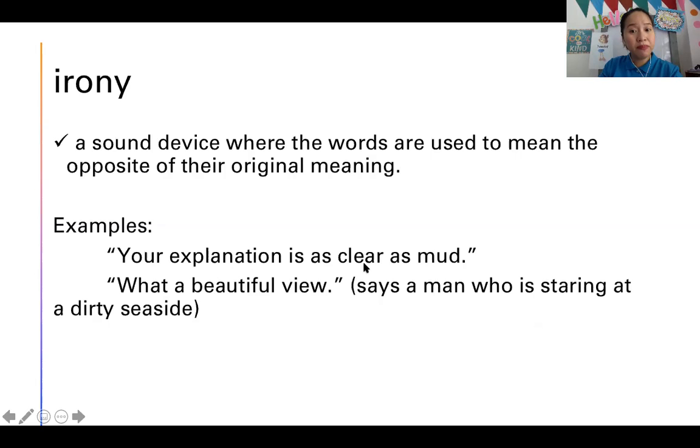Clear yung gigamit, but the idea was that the explanation was not clear. Ang mud, dili man siya clear, kita man siya. So meaning, ang explanation wala nasabtan. As clear as mud.